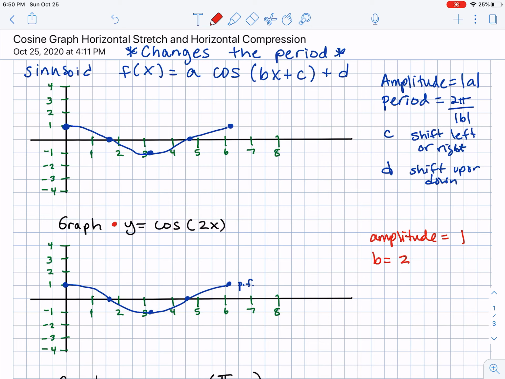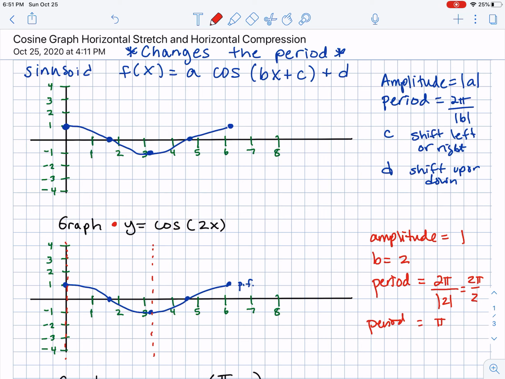Well, that affects my period. So the period is 2 pi over the absolute value of b, which is the absolute value of 2. Well, let's see. That is 2 pi over 2, which is pi. The period is pi. What that means is between 0 and pi, I should see that entire cosine function.